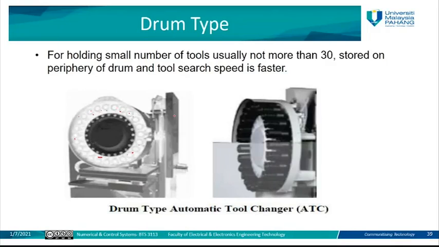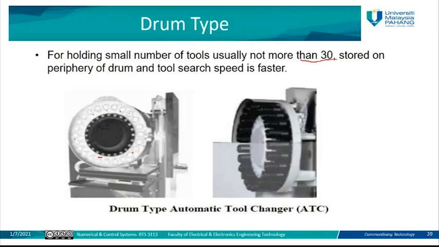So based on the code provided in the G code, the tool number gives the command to the ATC to select the required tool for the specific operation. This type is for holding a small number of tools, which means it has a limitation in the number of tools, not more than 30.